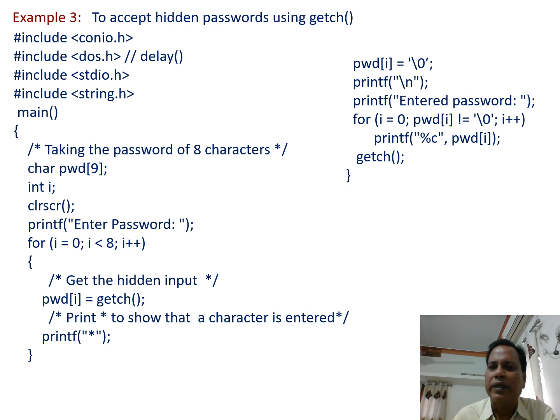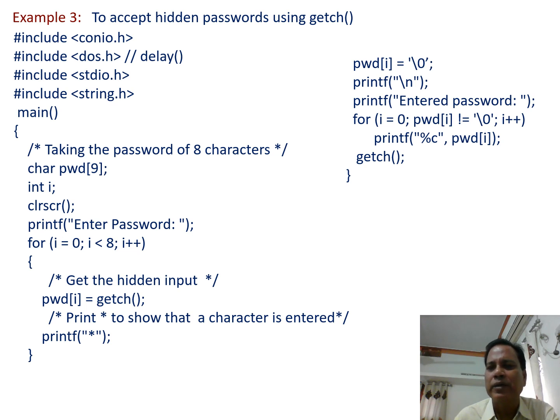So the first character gets printed using the next printf function, %c with pwd[i], that is i equal to 0. So the first character is printed at this point. Then the value of i is incremented and then again the condition is checked. So this goes on till the last character is found.